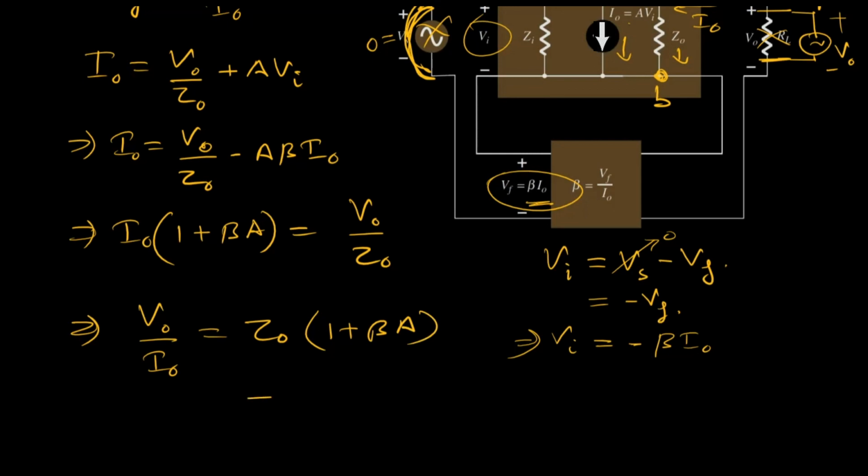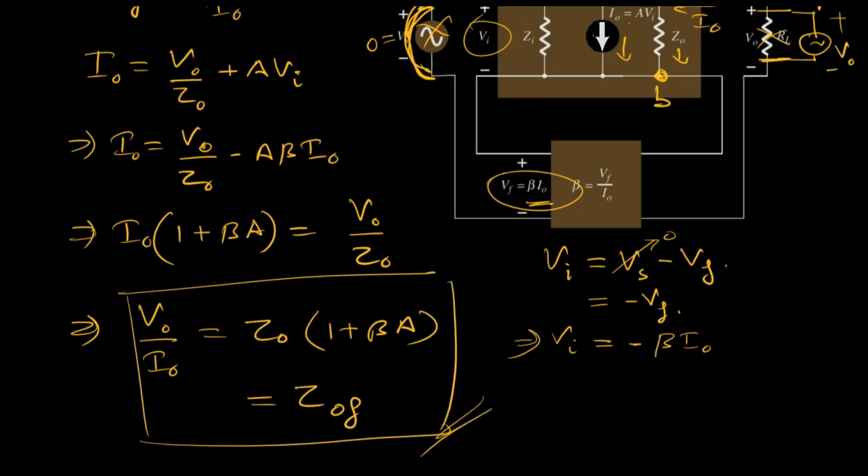So that is nothing but the output feedback impedance, ZOF, and this again implies that we can conclude the output impedance basically is increased by an amount 1 plus beta A.